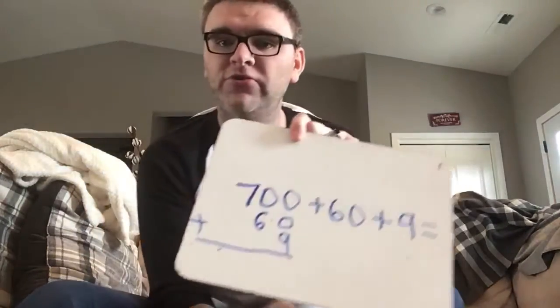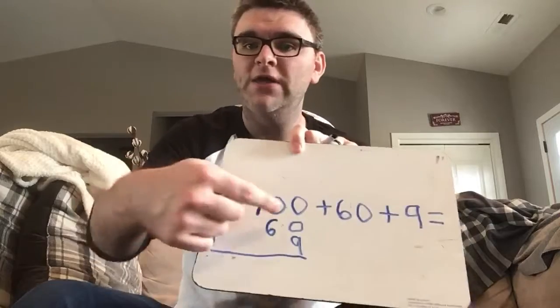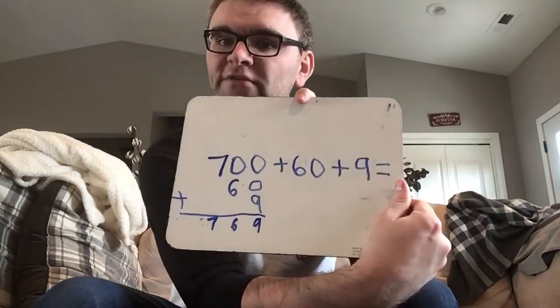We could do it the way that we've always been taught. Stack it up, 700 plus 60 plus 9. And that gets pretty not too bad. We'd get 9, we'd get 6, we'd get 7. I'll do it right here. 9, 0 plus 6 is 6. Bring down my 7, 769.